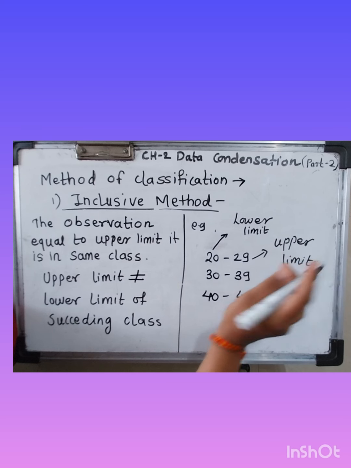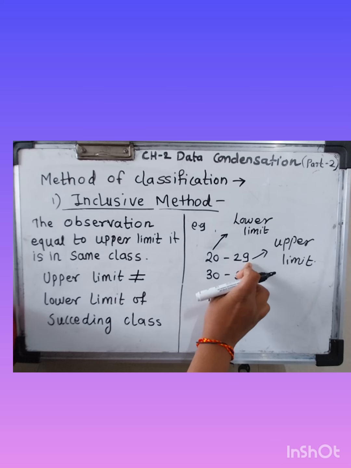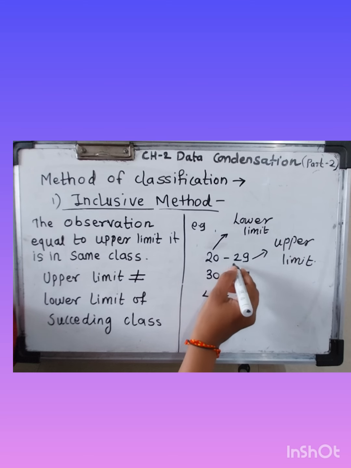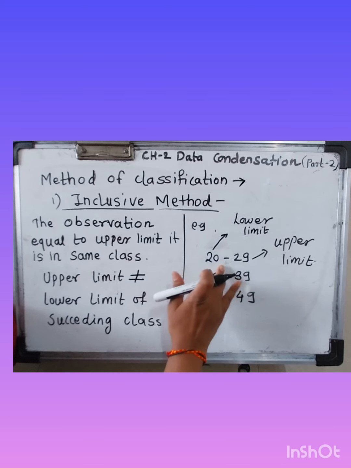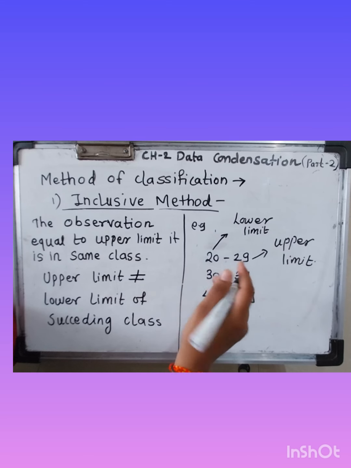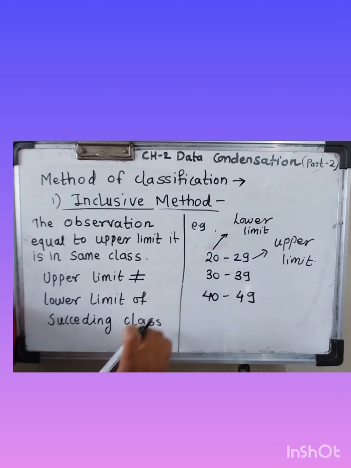See, the upper limit of the first class is not the same as the lower limit of the second class. 29 and 30 are not the same, that's why there is a gap of 1. There is a gap between these two classes. We call it D. D difference is 1. Here the difference is 1.